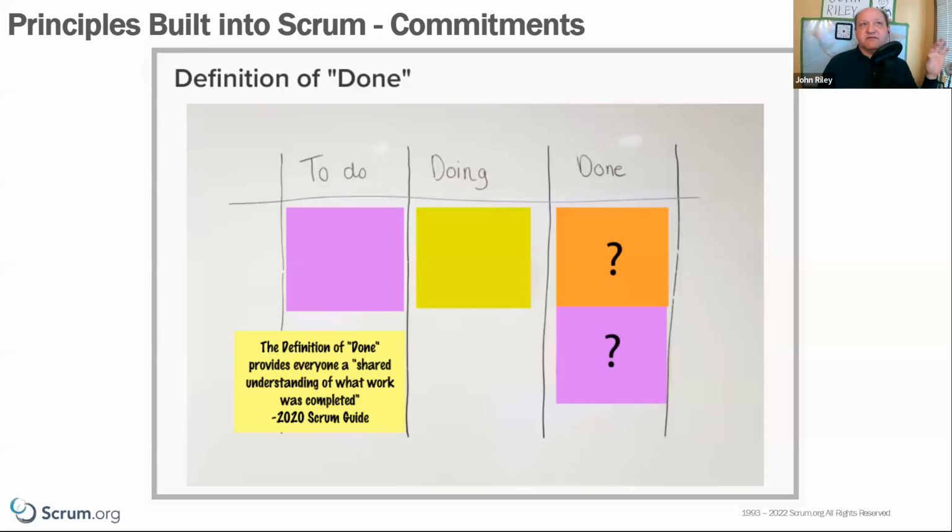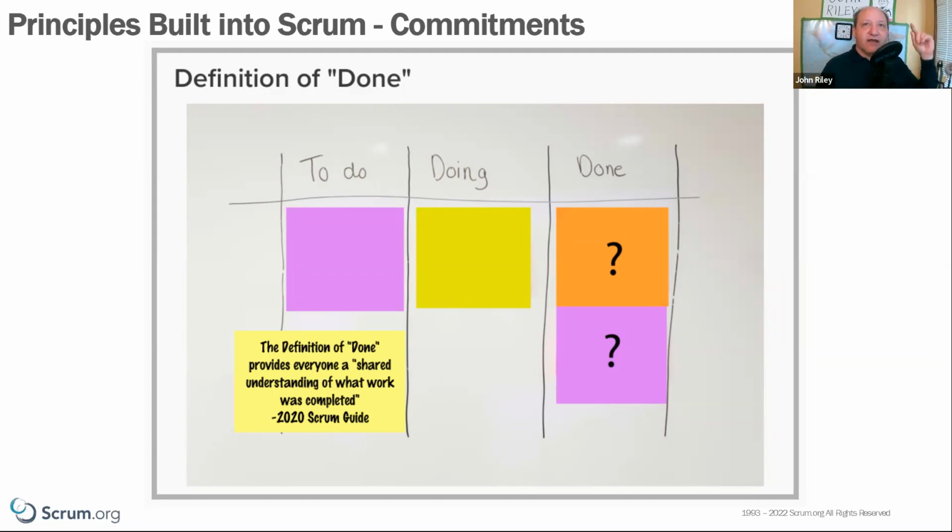So the other commitment is the definition of done. Okay. What I want to call out specifically about the definition of done in the Scrum Guide is this quote that says the definition of done provides a shared understanding of what work was completed. Okay. I just wanted to point this out, just saying that we're talking about this shared understanding, right?